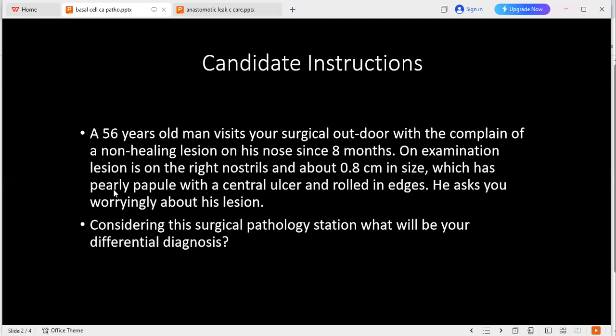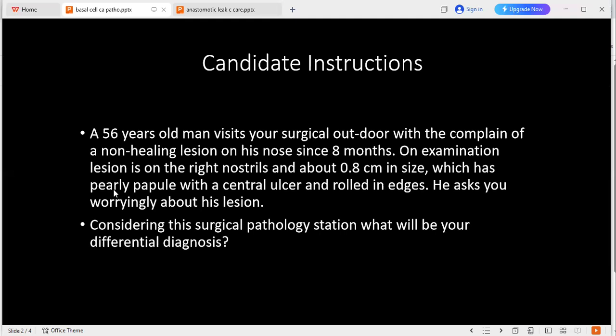Squamous cell carcinoma, as mentioned in the stem, is barely shaped and has a central ulceration with rolled edges. Basal cell carcinoma has more ulceration and edges.